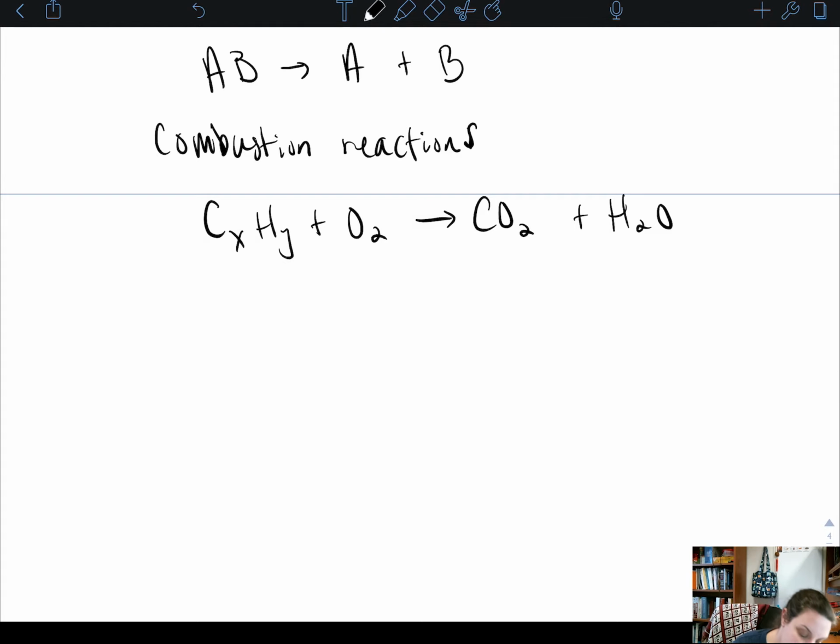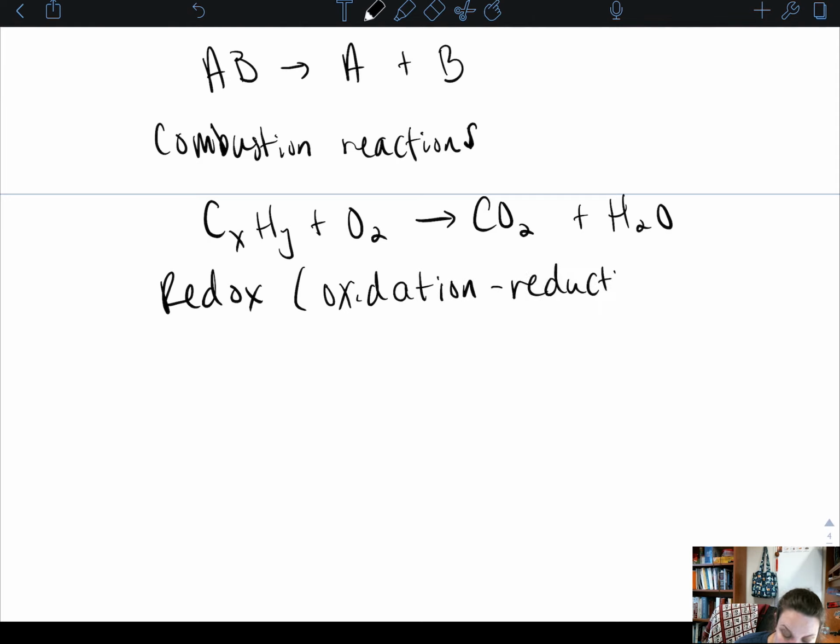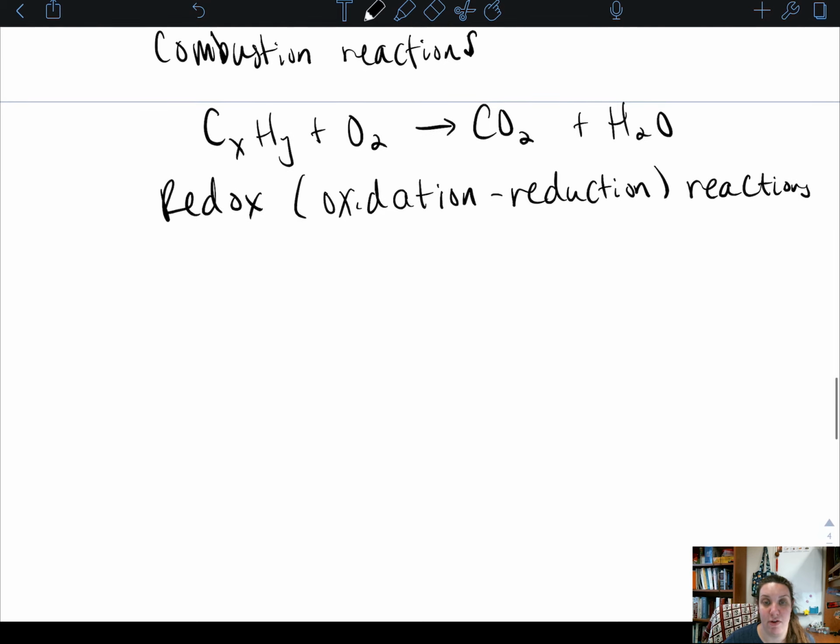burning things. We have redox or oxidation reduction reactions. And these are going to involve the transfer of an electron from one substance to another.